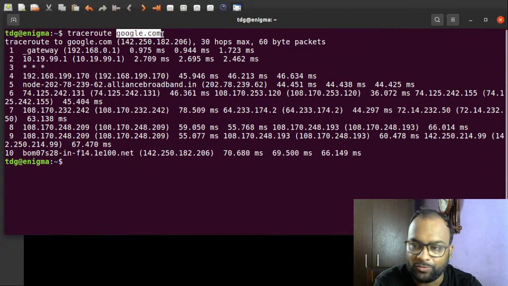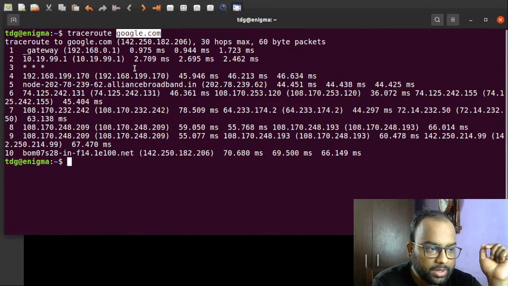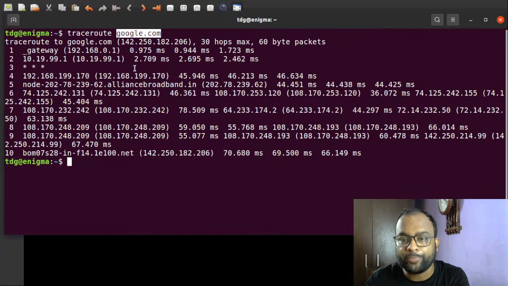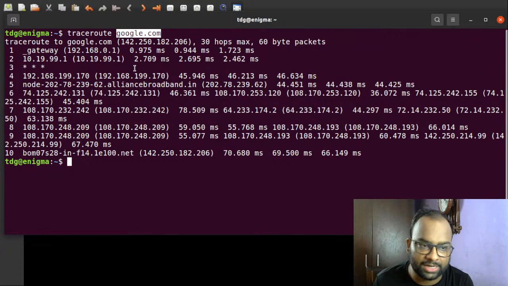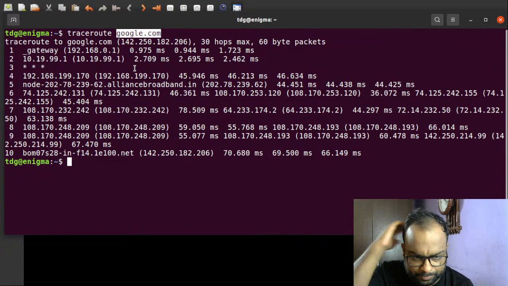So I am trying to visit google.com, and the response will come from Google's servers. But the response will not come directly from the Google server to my computer. It will actually hop through quite a few different computers, different servers. My computer is directly connecting to my router here, and this router is connecting to the network switch placed outside.